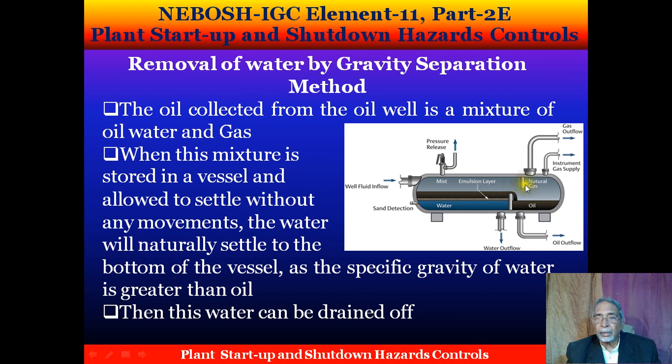So water is collected from the bottom pipe, and oil is collected at the right side from another pipe, and the natural gas is collected from the above portion of this vessel.